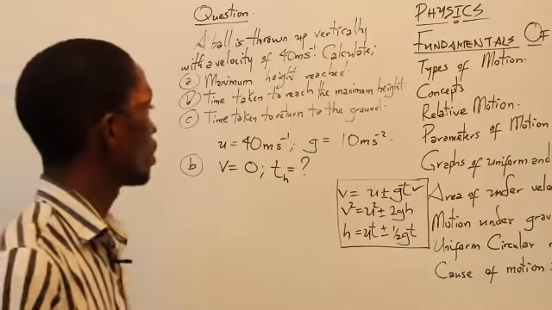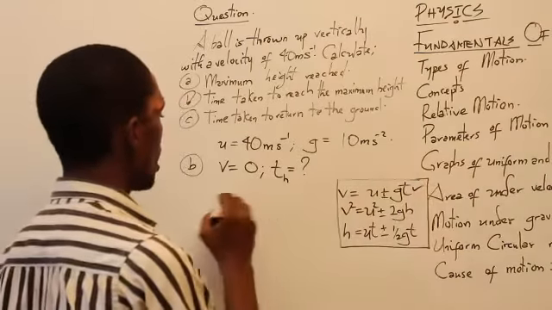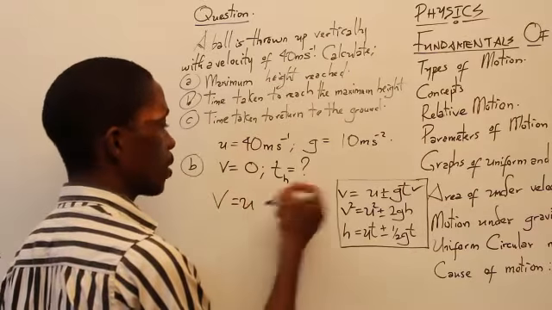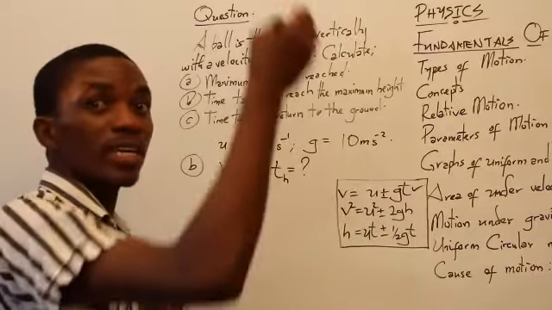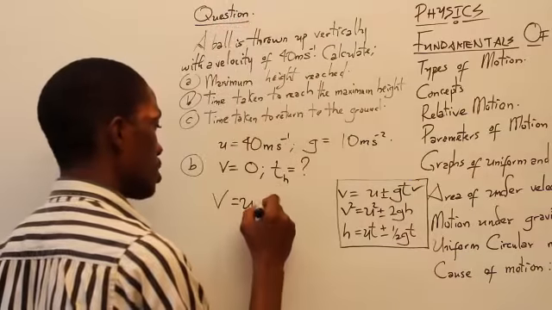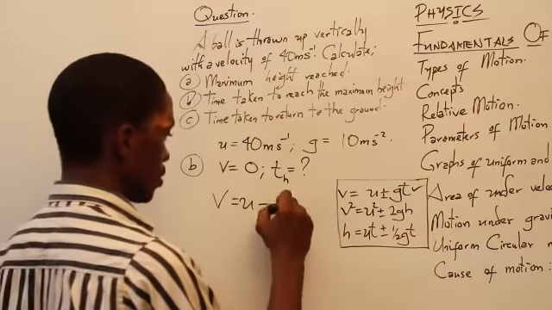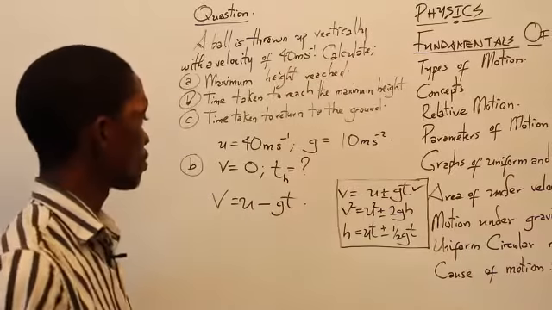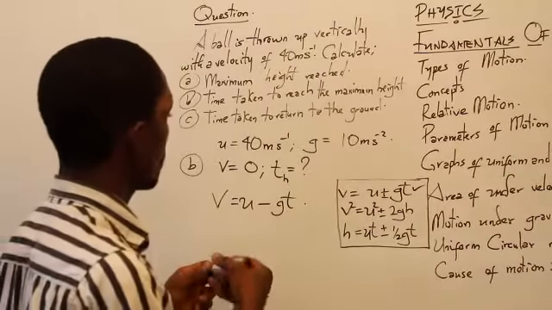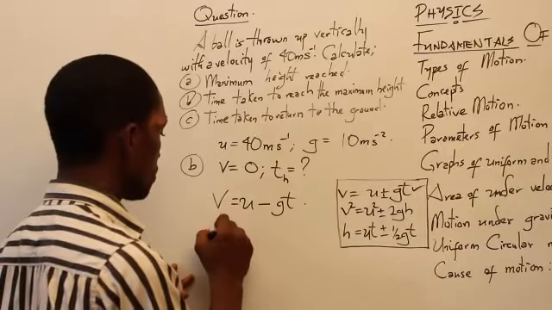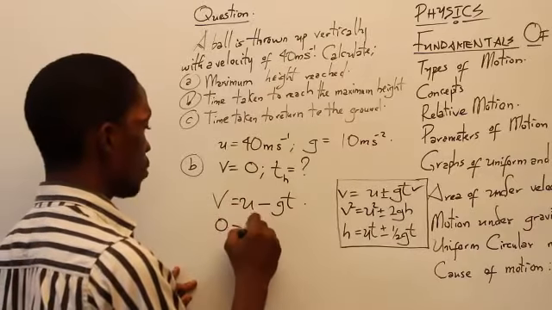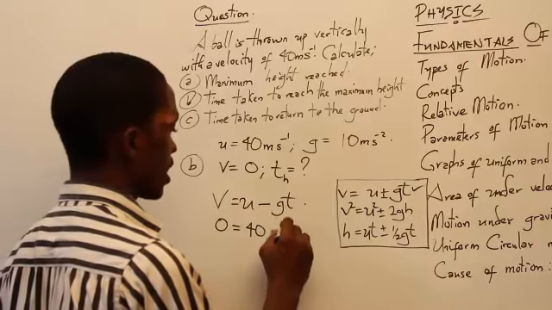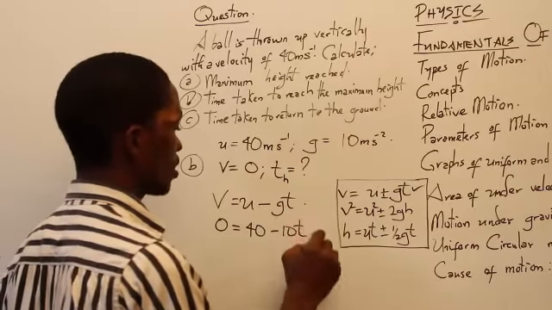So we simply write out our formula. That's v equals u. Again, we are still going in opposition to gravity, so it means minus gt. So as usual, we pick out our parameters. Our v is 0, our u is 40, the minus, our g is 10, while t is t.